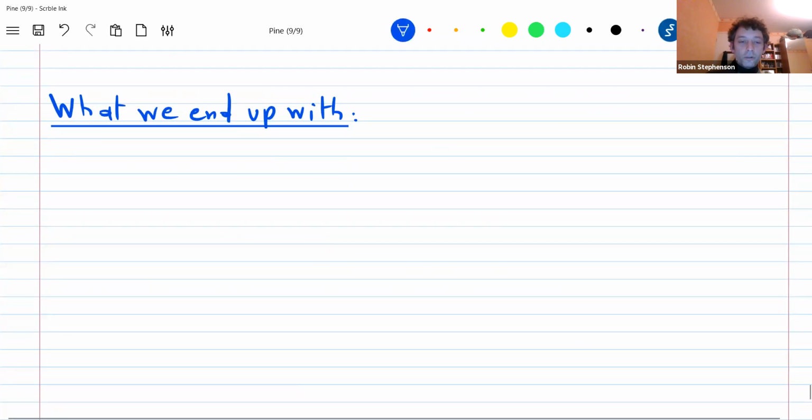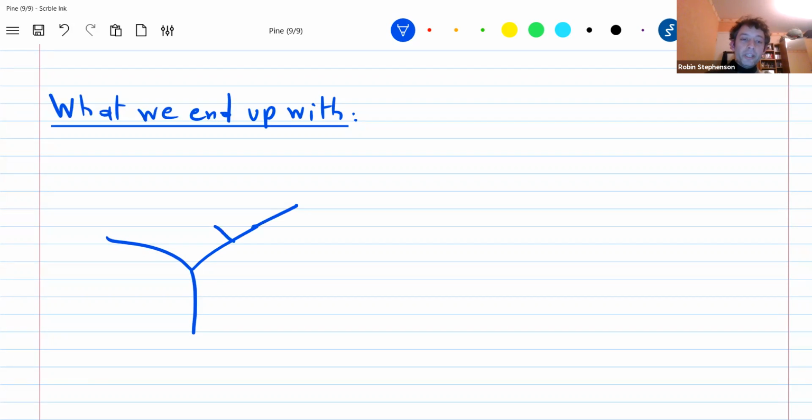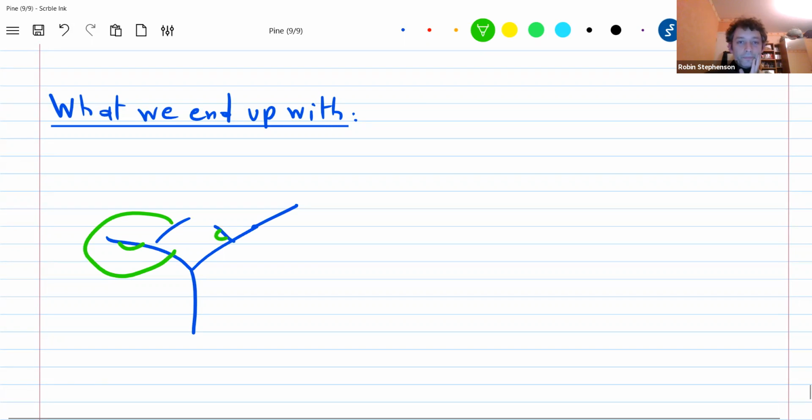I'll just finish the talk with a few improvised drawings. So let's say we have a binary tree, looks like that. And we have maybe a back edge like this and a back edge like that. On one side, maybe we have a back edge like this here. And I'll add a few more things, for example one back edge here and one back edge here.